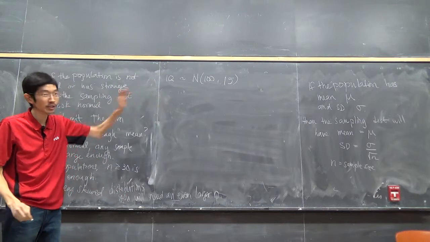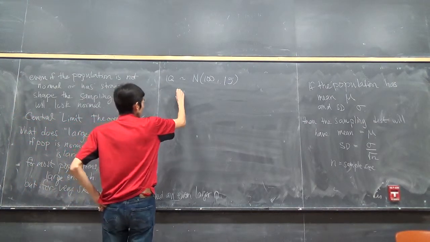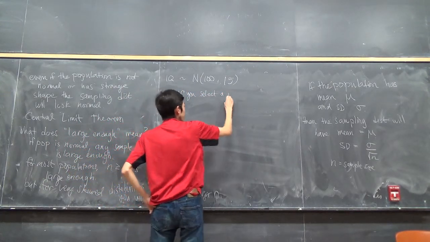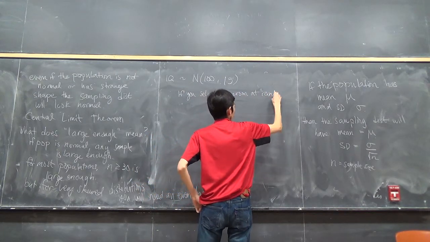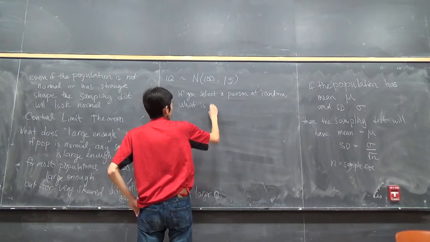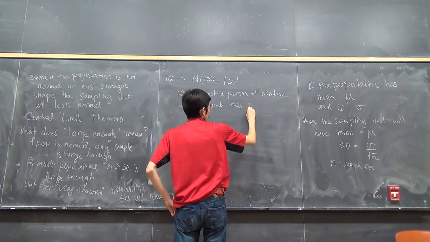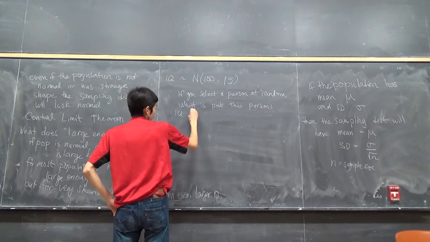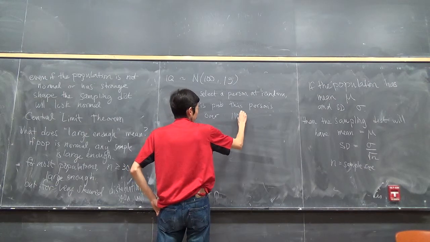Okay, that's shorthand to say mean 100, standard deviation 15. Question 1: if you select a person at random, what is the probability this person's IQ is over 110?